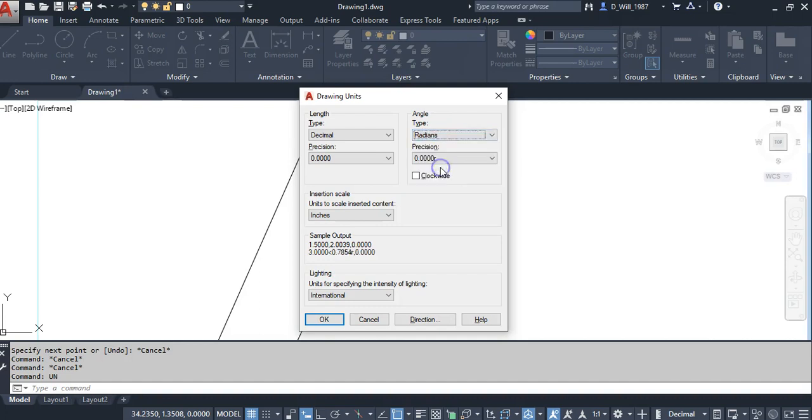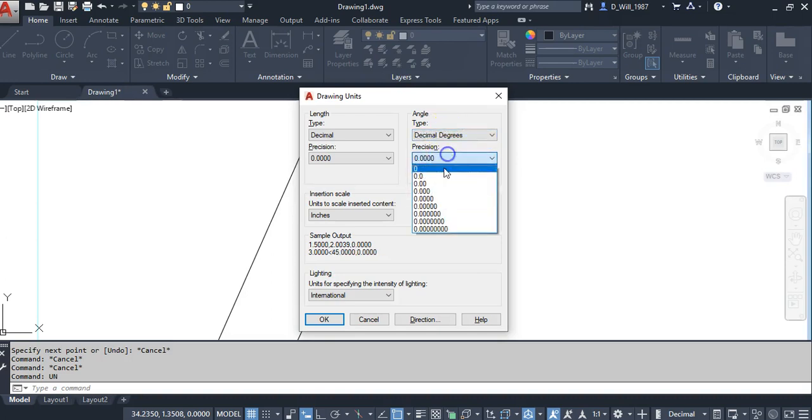There's radians, if you're measuring angles in radians. I don't, but some do. And then surveyor's units, if you're working with bearing, that would give you whole degrees, minutes, and seconds, along with the direction it's traveling in. So these are some of your angle settings in the units box.